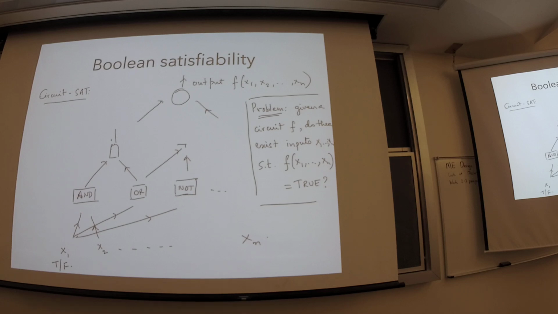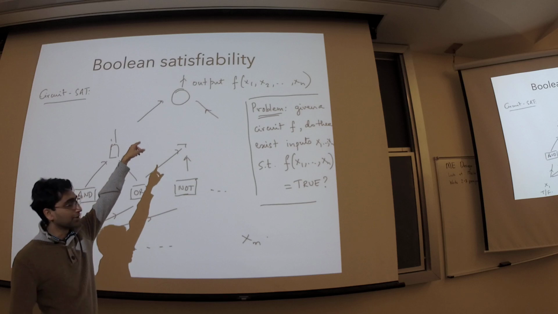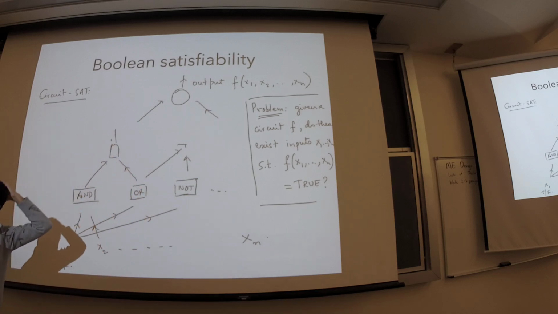Yeah. So this is also an example where a witness is very clear. A witness is just the xi values so that you get true at the top. Given this witness, one can just simulate the circuit and find out if it really outputs true or not.